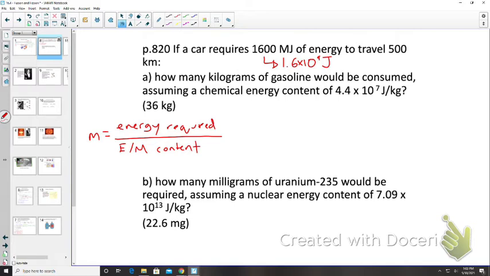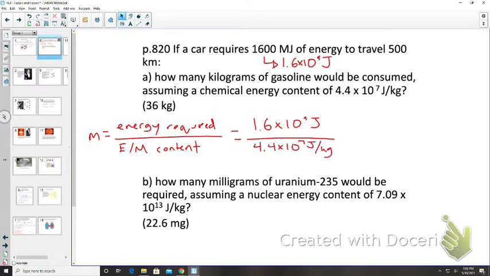So in this case, energy required is 1.6 times 10 to the 9 joules. And the energy to mass content is 4.4 times 10 to the 7 joules per kilogram. Our joules will cancel and we'll be left in units of kilograms.